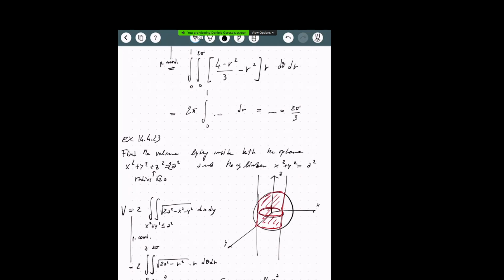If you do the computations, you get 4 pi divided by 3, a to the power of 3 times 2 square root of 2 minus 1. That's the volume we were looking for.